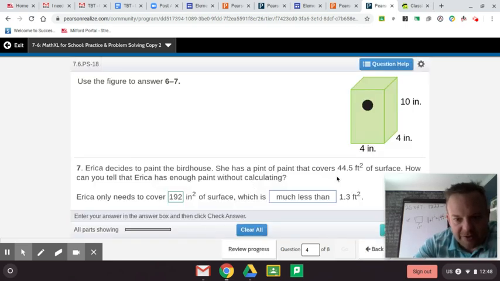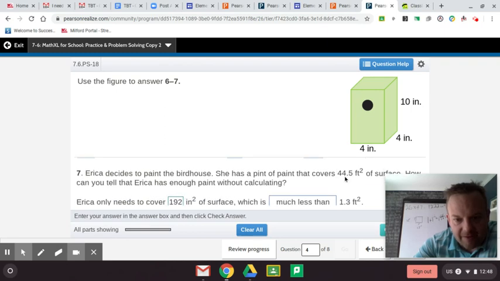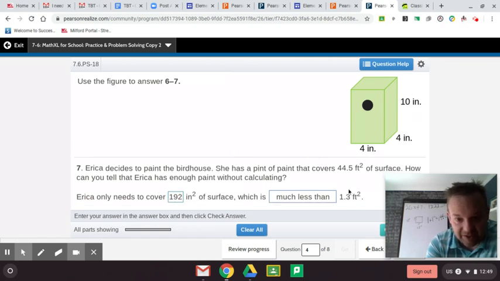All right. So we're going to take 44.5 and we're going to find out how many inches squared that is. 44.5 divided by 144. No, we're not doing that. We're going to go 44.5 times 144 equals 6,408 inches squared. 6,408 is what I got.